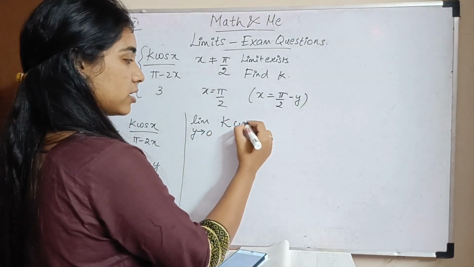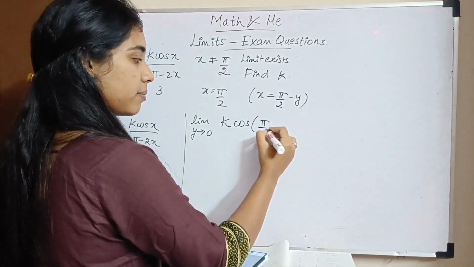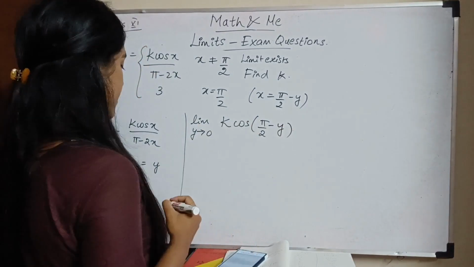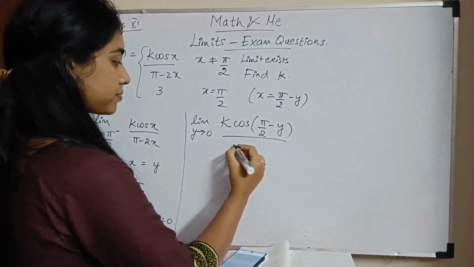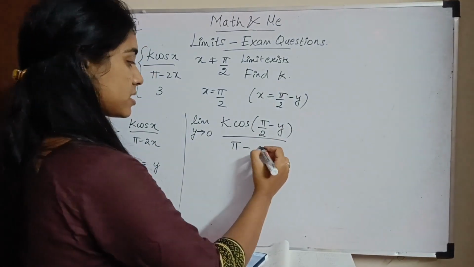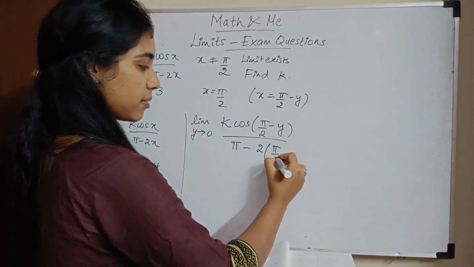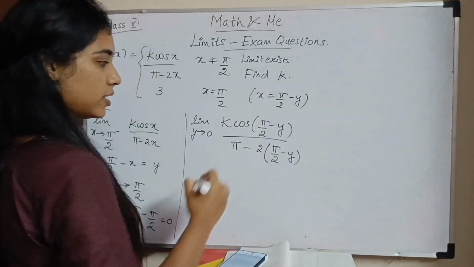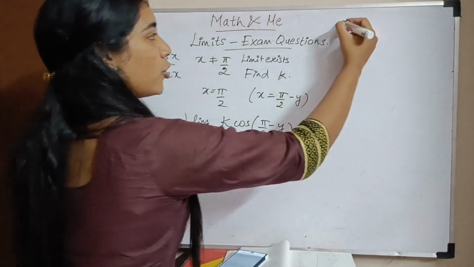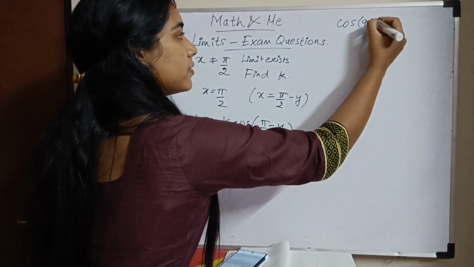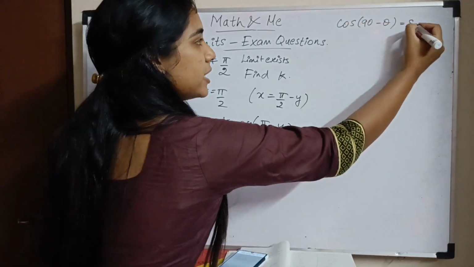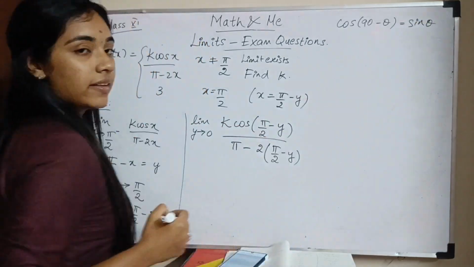So k cos of pi by 2 minus y divided by pi minus 2 times pi by 2 minus y. Now why did I do this? What do you know? Cos of 90 minus theta is equal to sin theta.